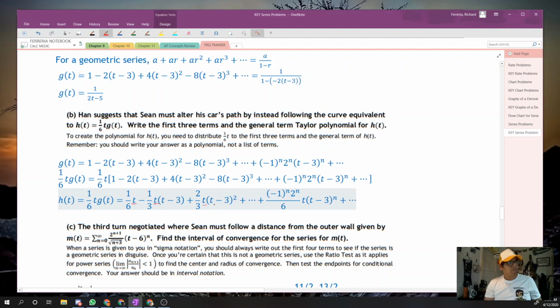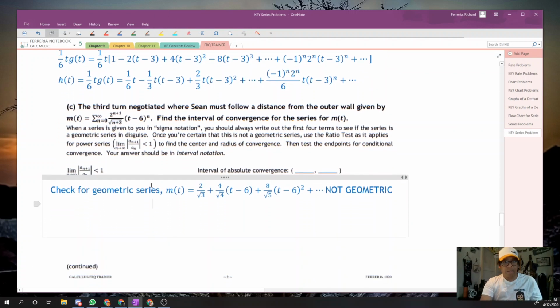You definitely don't distribute into a square, so this is going to be fine. In fact, it's really doubtful that you're going to have an AP test where you're going to have even something close to this kind of algebra problem. So we're good here. This is all we really need to do.